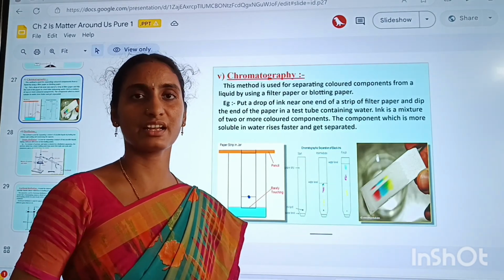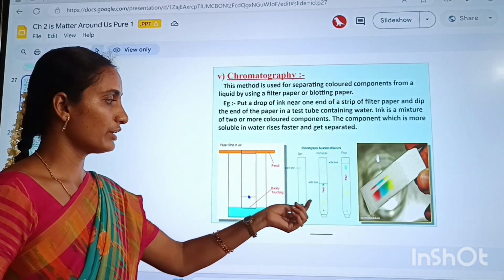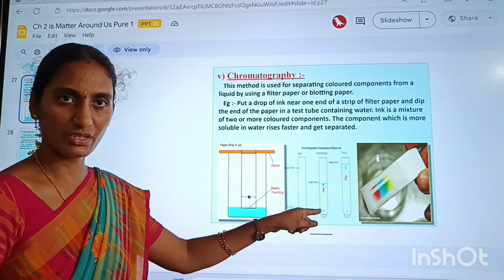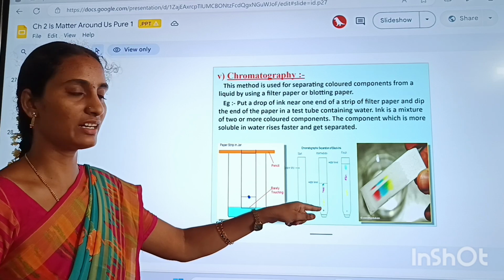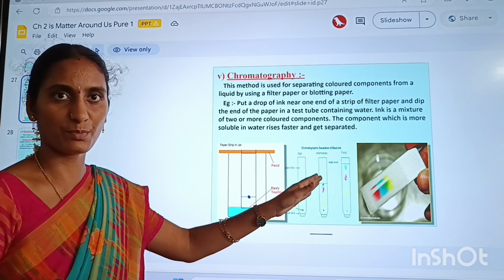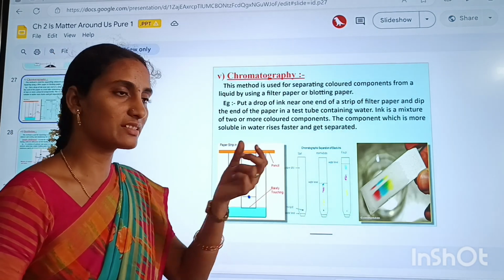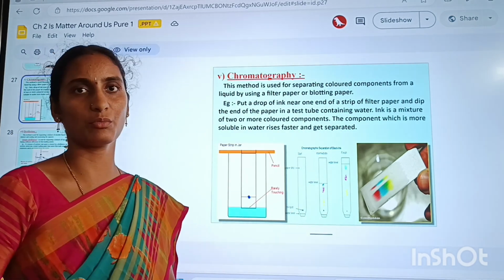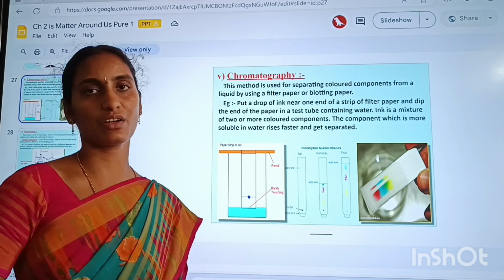These colors indicate how many components are present in the ink. The mark of the spot is here, and above the mark some of the colors have traveled. The water has also traveled some amount, because water is a liquid and ink is also a liquid.